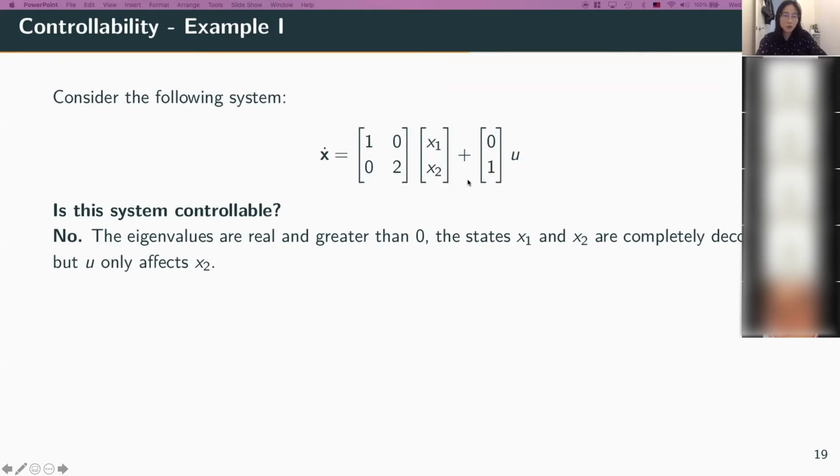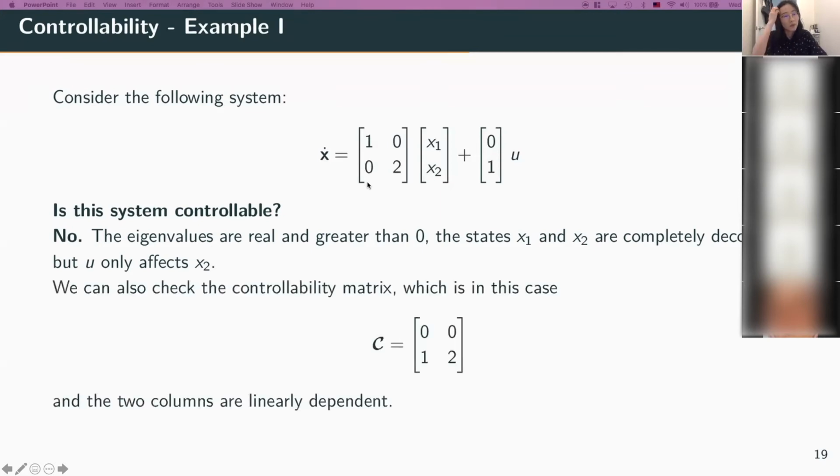Therefore we will not be able to control in the eigenvector direction (1, 0), and the system is not controllable. We can also verify it with the controllability matrix, which, if you trust me, is just this thing. You see that the two columns are linearly dependent, and therefore it's not controllable.